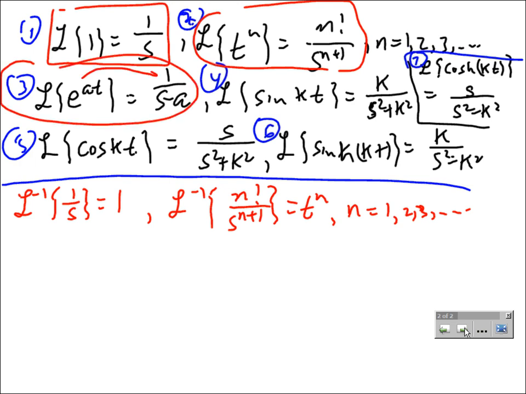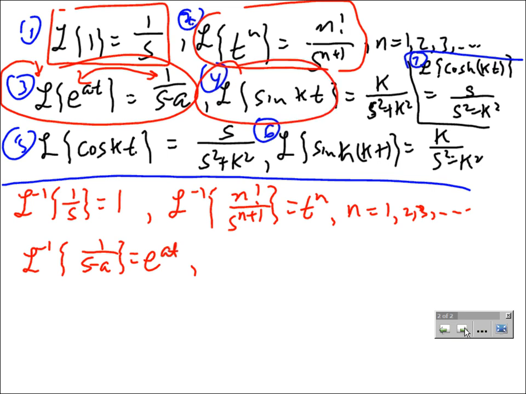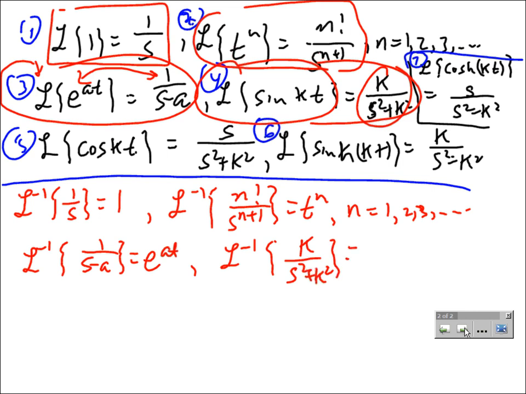If you interchange these two, the function has to become inverse. L inverse of 1 over s minus a is e to the at. Number 4: L inverse of k over s squared plus k squared equals the sine of kt, etc. for the rest.